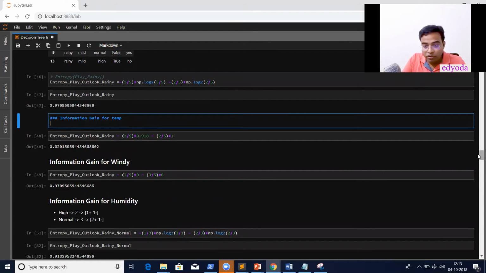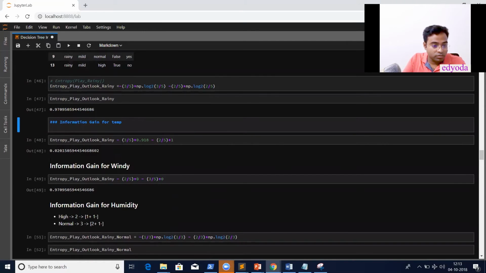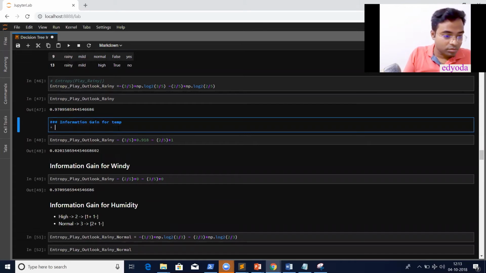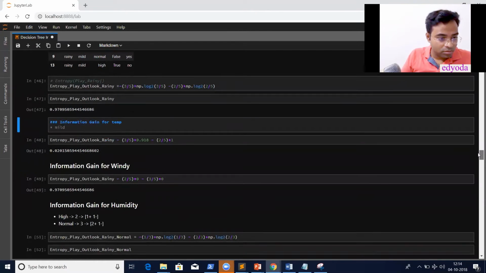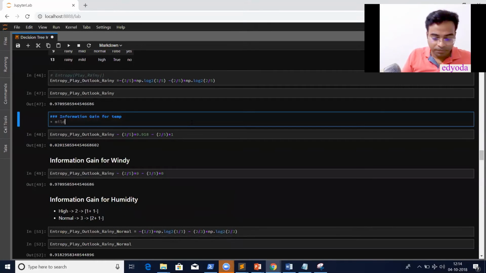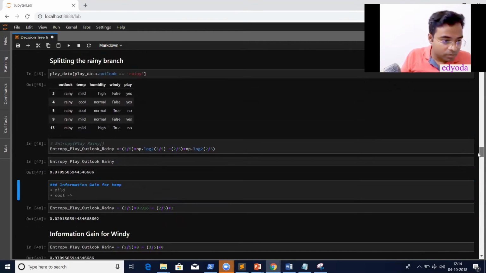Okay, so you can see here, there are two values of temperature. One is mild and cool. For mild, 1, 2, 3.